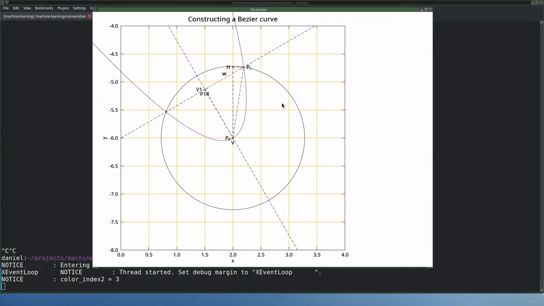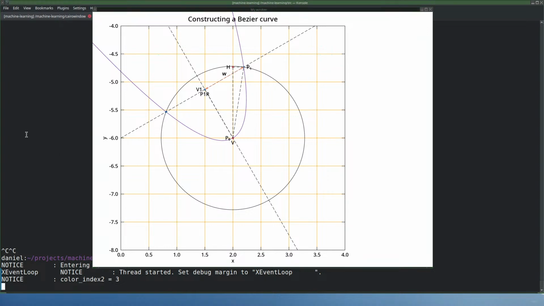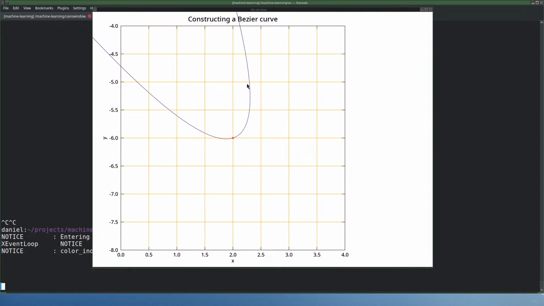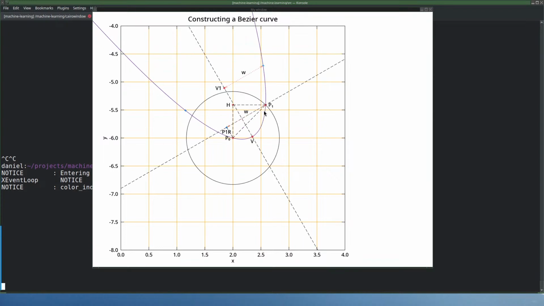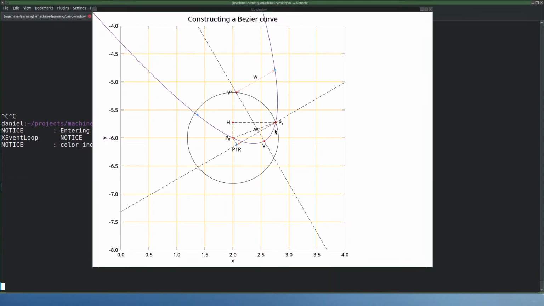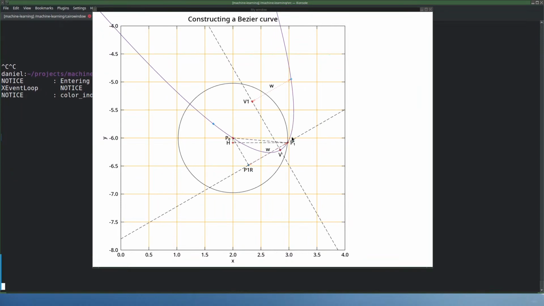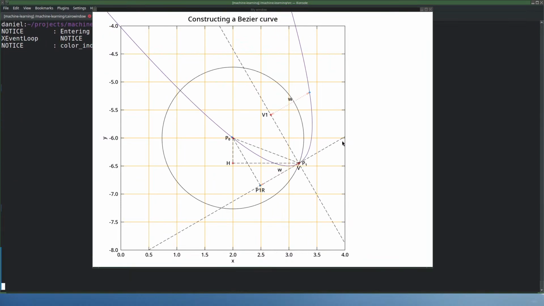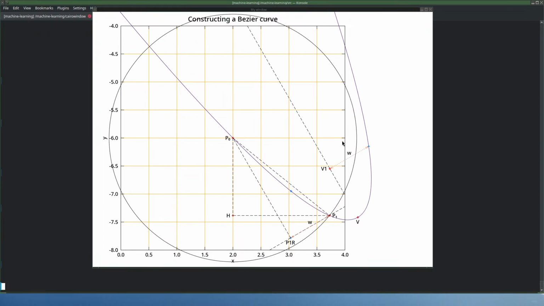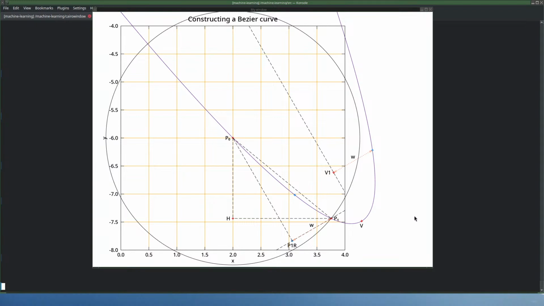So alpha is this angle here. Alpha becomes smaller, smaller, smaller until it is 0, and then it becomes a negative angle, and so on. Yeah, brilliant.